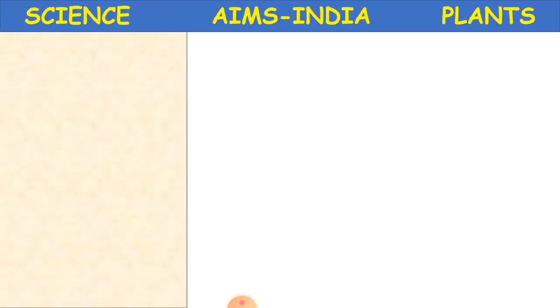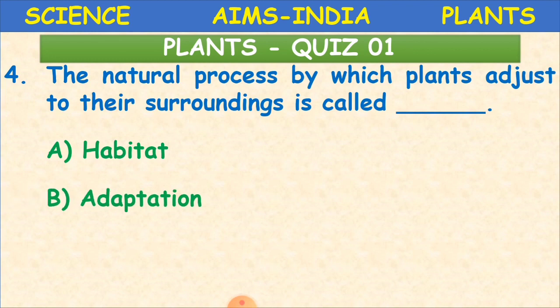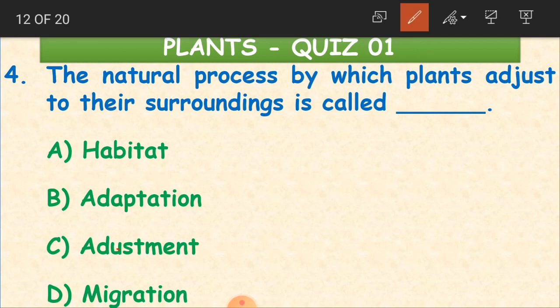Now, the fourth one. The natural process by which plants adjust to their surroundings is called what? A option is habitat, B option is adaptation, C is adjustment, then D is migration. Which option is correct, children?